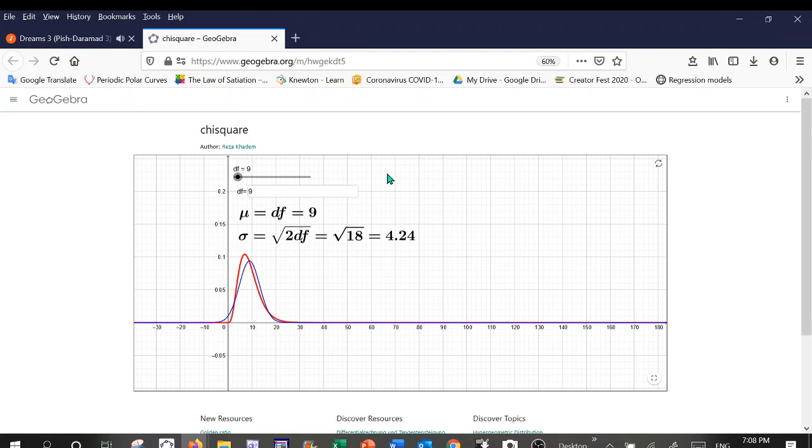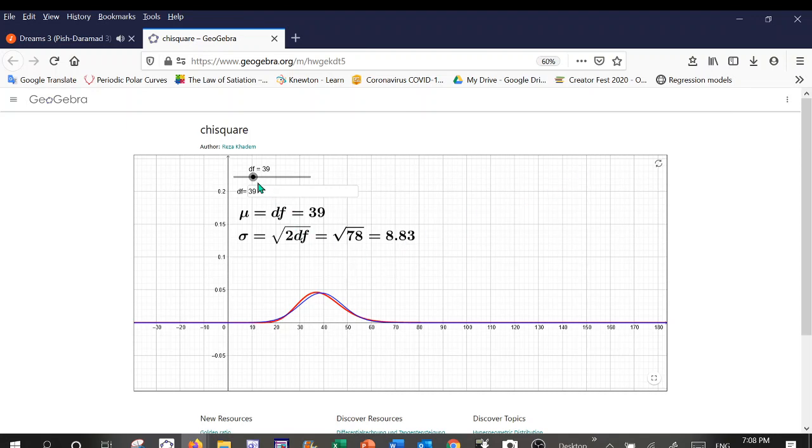So just concentrate on the red one. The red one is the chi-square distribution with different degrees of freedom. As you see, it changes as I change the degrees of freedom. And notice that the mu is 39, and the peak happens about right here. So the mu is just to the right of the peak, right? That's about 39. And the standard deviation is, of course, the square root of 2 times 39, which is 8.883.